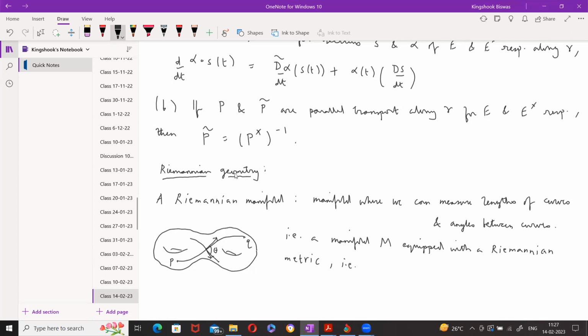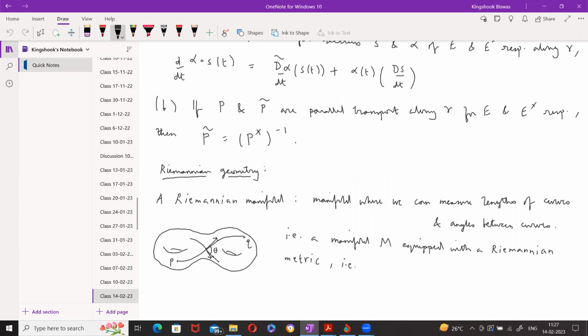Now, what is an inner product on TpM? That means a bilinear function from TpM cross TpM to R. So point-wise, you have a bilinear function on the tangent space.